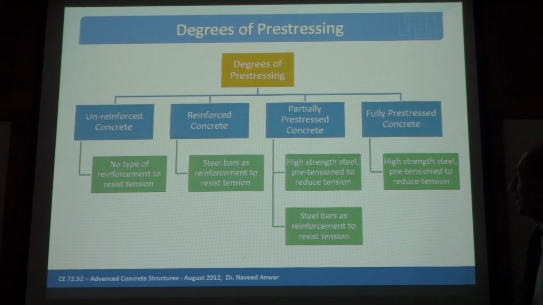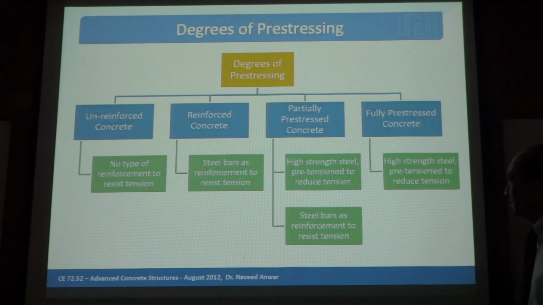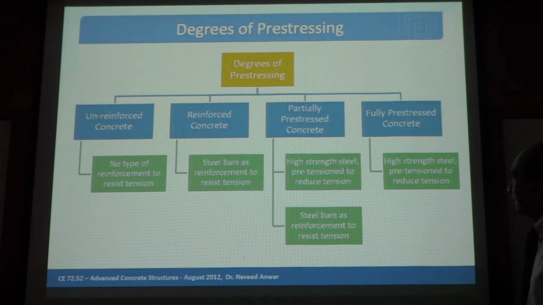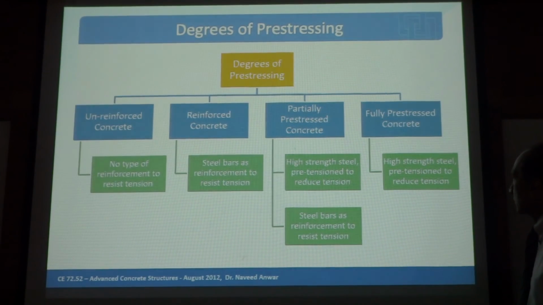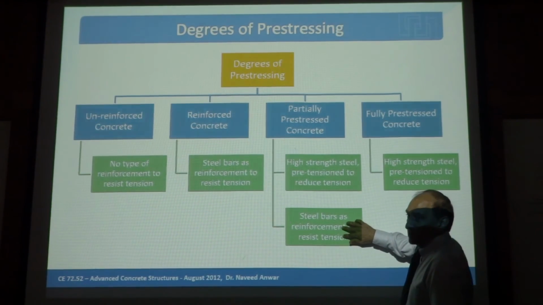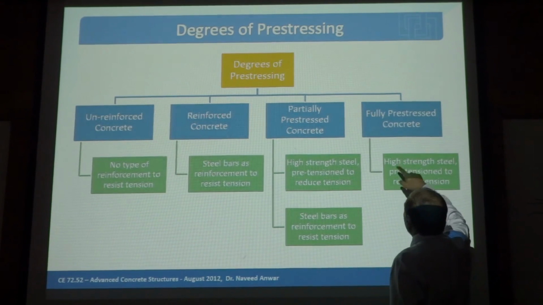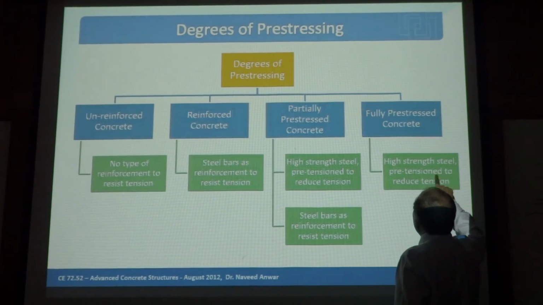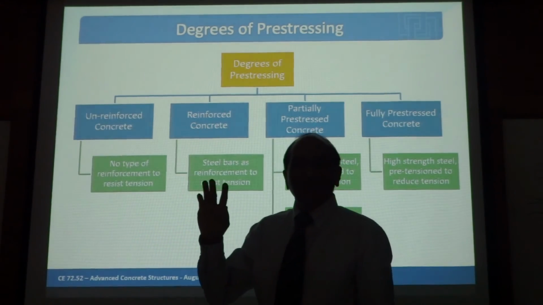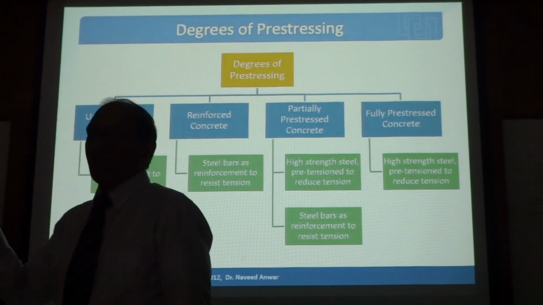Reinforced concrete, steel bars as reinforcement to resist tension. Partially pre-stressed concrete, high strength steel, pre-tension to reduce tension, steel bars as reinforcement to resist tension. So this is to reduce tension, this is to resist the balance tension. Fully pre-stressed concrete, high strength steel, pre-tension to reduce tension, nothing left to resist. So if there is tension, bye-bye, right?